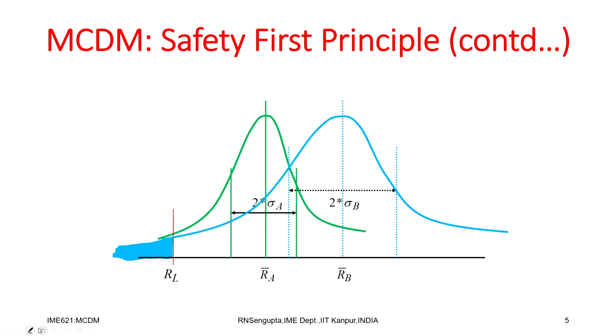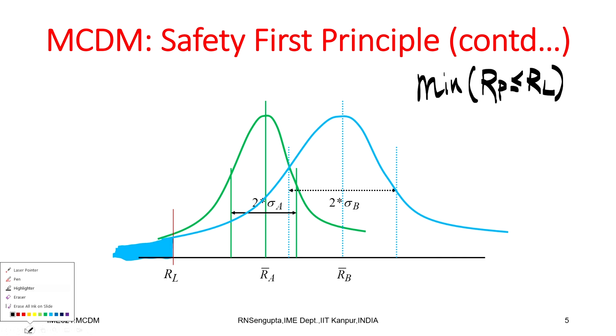Based on the first principle, which was minimization of RP less than equal to RL, if I consider the case of the green one, this would be this area. Again the first principle being applied for the second distribution, which is A.